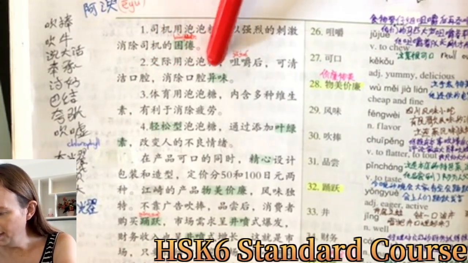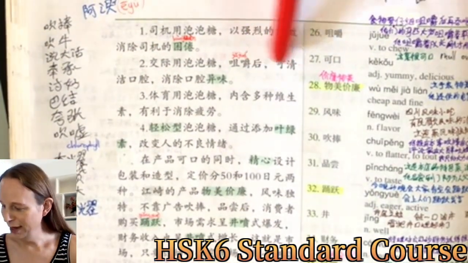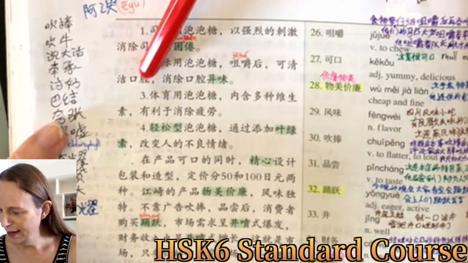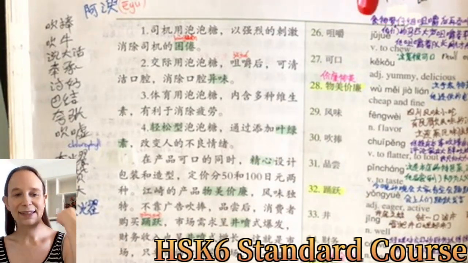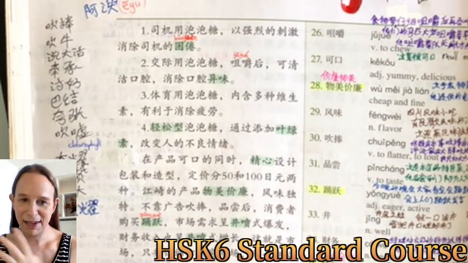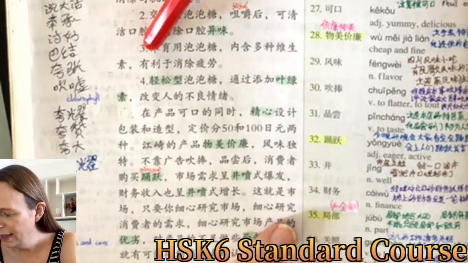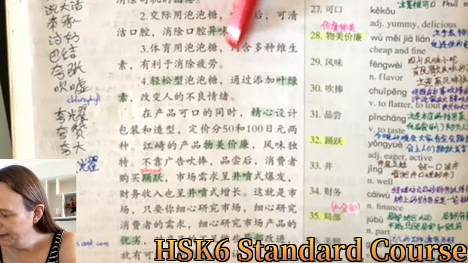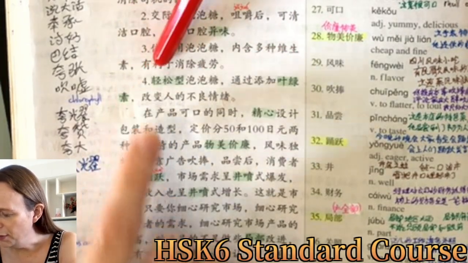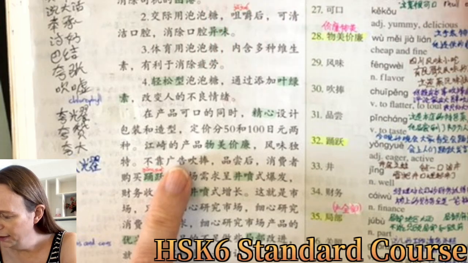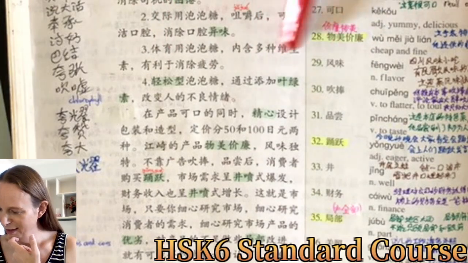交际用泡泡糖。交际, communicate what? 咀嚼后可清洁口腔，消除口腔异味。Okay, so this is like a bubble gum kind of to make your mouth, your oral cavity fresh. 体育用泡泡糖，内含多种维生素，有利于消除疲劳。So this is a sports bubble gum.